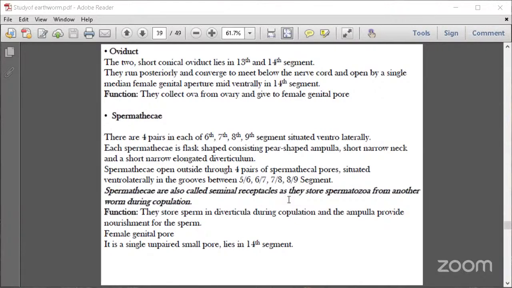The function of the oviduct is to collect ova from the ovary and give them to the female genital pore.